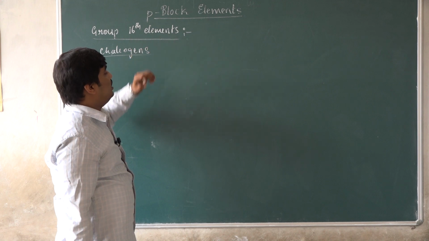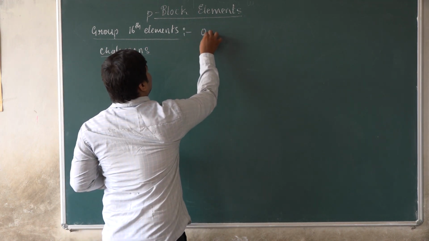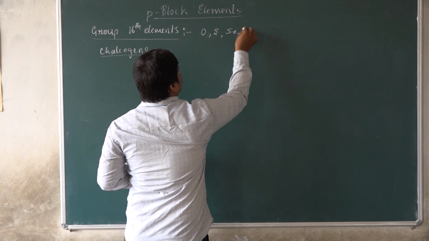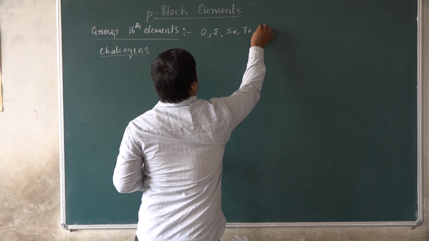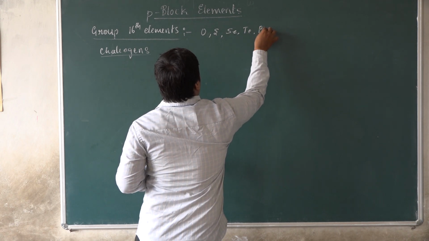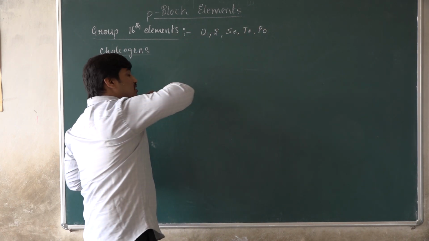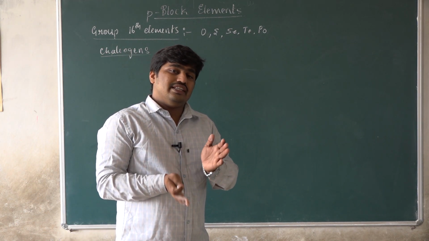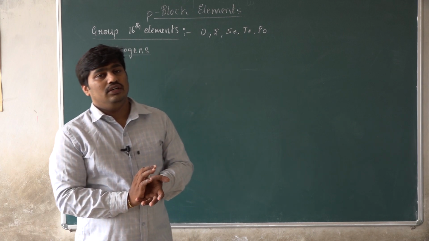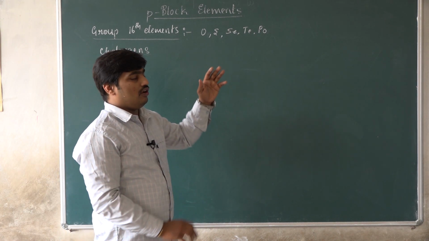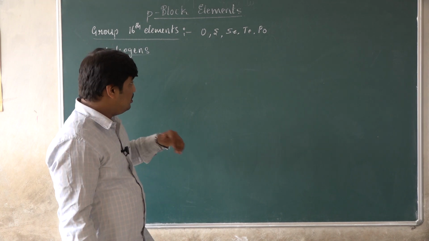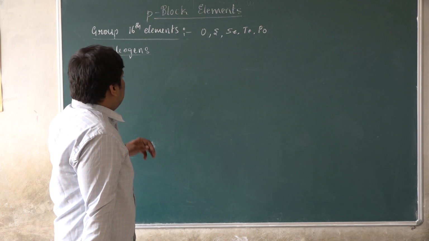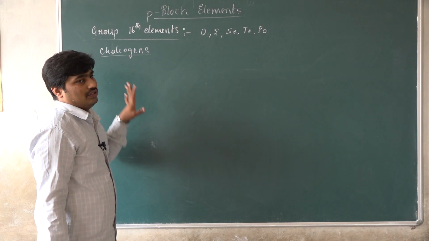The group 16 elements are oxygen, sulfur, selenium, tellurium and polonium. These elements are combined with different compounds and are mainly observed in the earth crust. Because of that abundance in the earth crust, we call it a chalcogen.